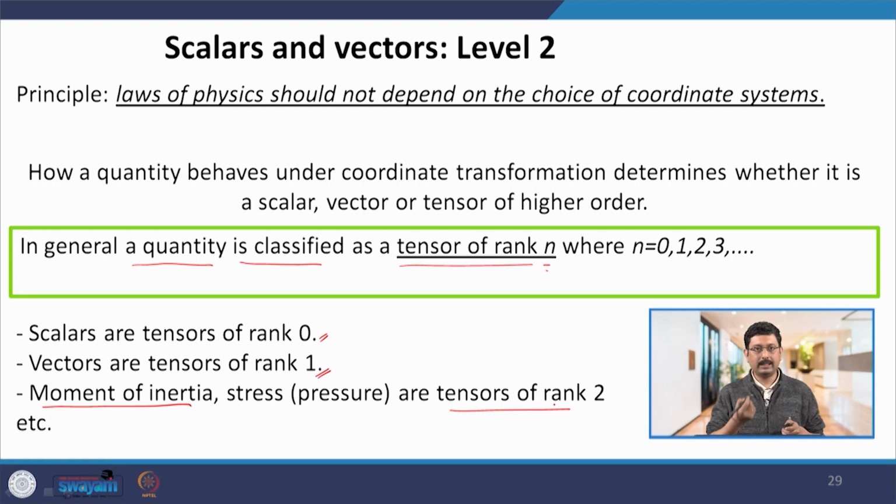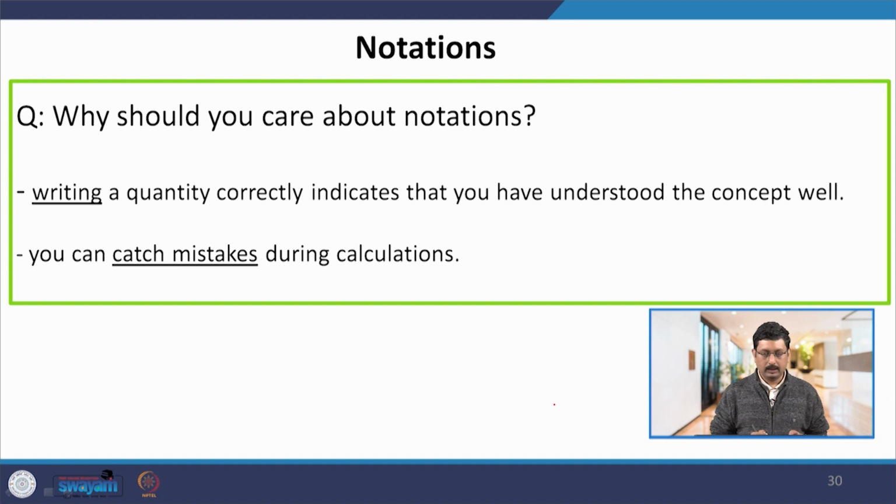So, this exact rule and how to write down these components we will discuss in due course as we progress in the course. Okay.